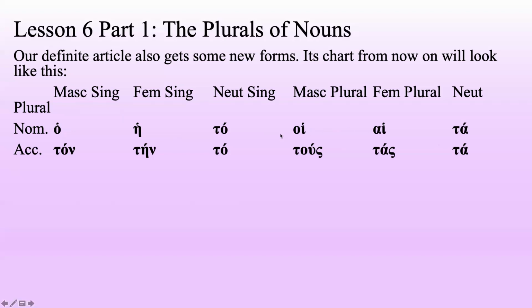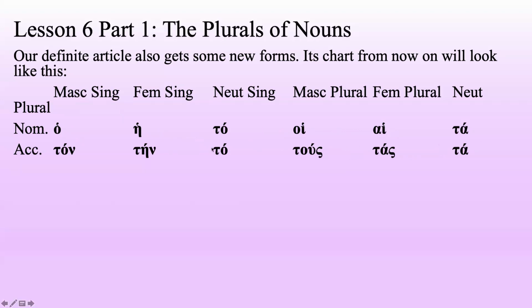We're going to be adding two more lines to this eventually between the nominative and accusative. There'll be the genitive and the dative cases. For all of those, they will all begin with taus and they will all match what the first and second declension do. So really the only exception here is masculine and feminine in the nominative, both in the singular and the plural, don't get a tau, they get a rough breathing instead.